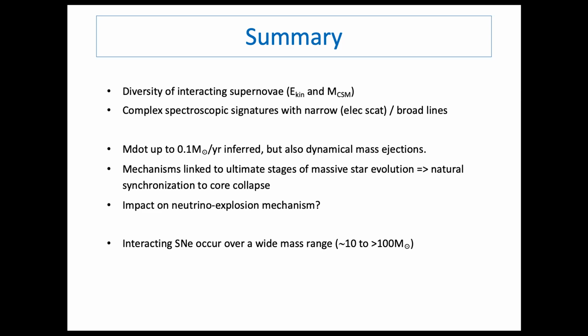And this is a big issue for distance determinations with type Ia right now. People don't really know whether you could have a contamination in light in the optical, for example, biasing the luminosity of the object. One possibility is that if you had interaction, most of this radiation would come out in the UV, and so you would not change the brightness in the optical. So that's one possibility. But yeah, this needs study.